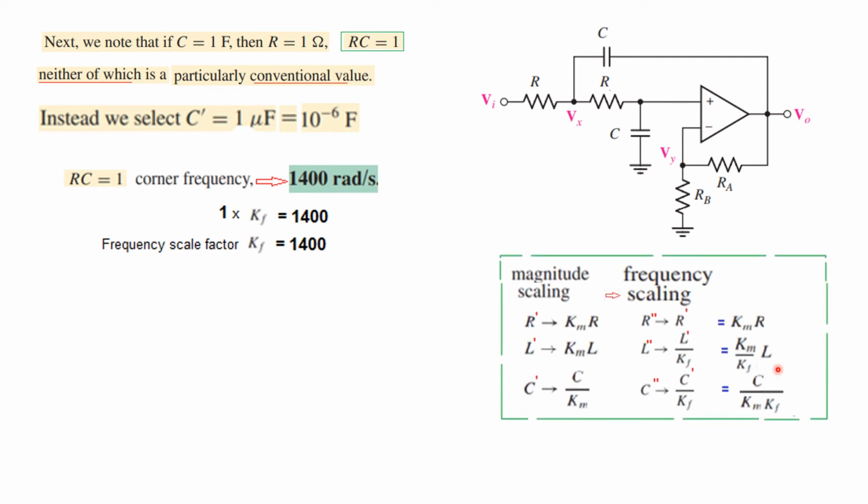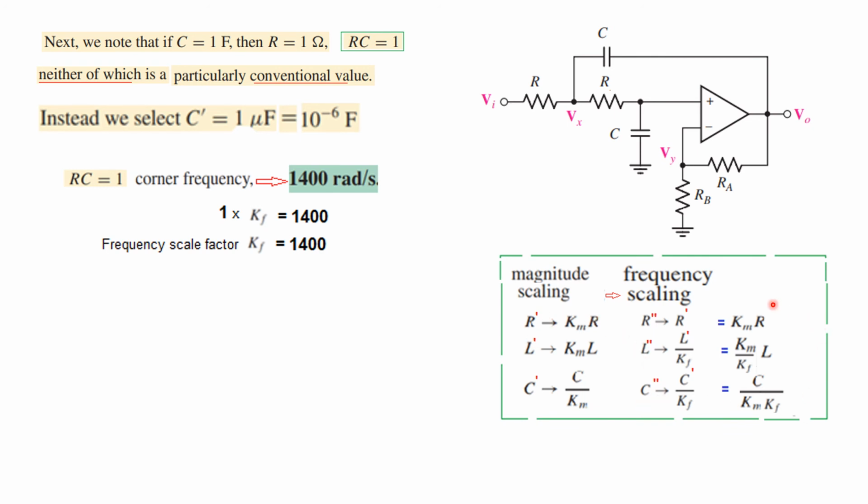And now we had discussed this earlier also in the scaling. These are the values if we do the magnitude scaling. So after magnitude scaling, the values of resistance, inductance and capacitance will change by this: multiply by Km, divide by Km. And after these have been magnitude scaled, if we now do the frequency scaling, the resistance remains the same, the capacitance new value will be divided by Kf, and the inductance new value will also be divided by Kf.